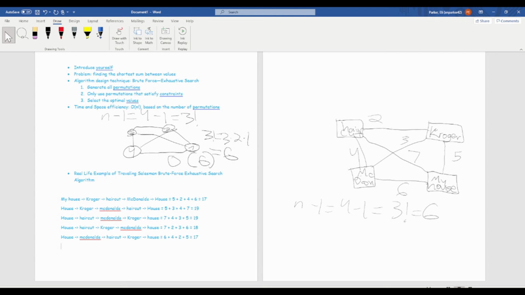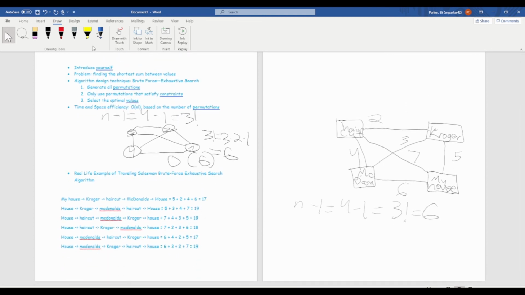And then the last permutation would be house to McDonald's to Kroger to haircut back to house. That should be 6 plus 3 plus 2 plus 7, which is equal to 19.